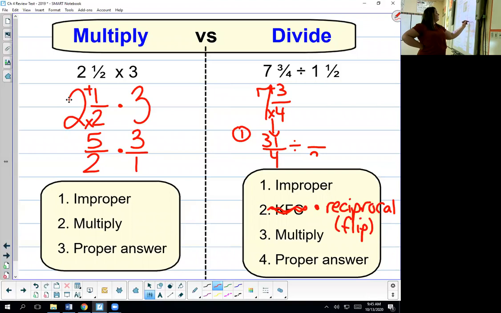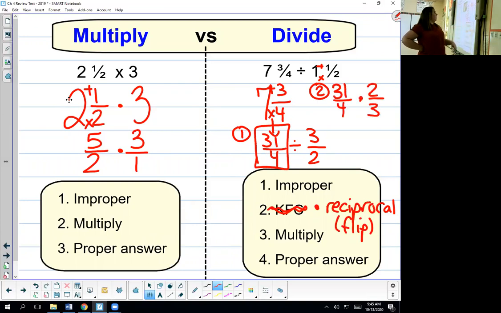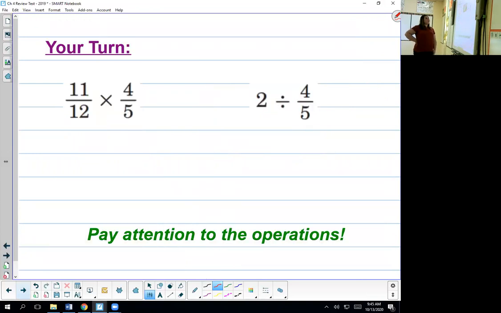That's step 1. And then step 2, keep the first fraction. Don't you ever flip that one. And then you multiply it by the reciprocal, and then everything is the same over here. Make sure your answers are proper and also in simplest form.